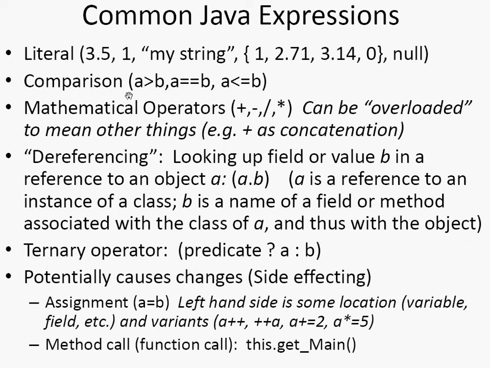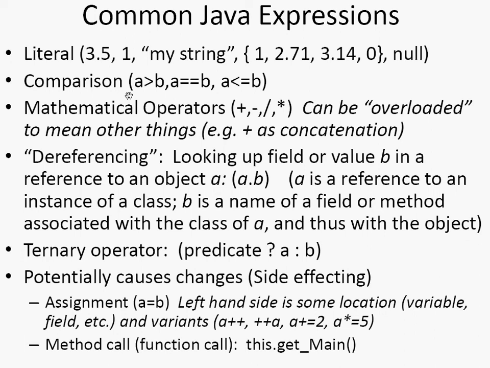And mathematical operators, you've seen that. A plus B, A minus B, A divided by B. Also, we can have something like A dot B. Here, A is a reference. It's pointing to some particular thing, like a person, or a home. Remember we saw that in the model just a short time ago? Does anyone remember that?